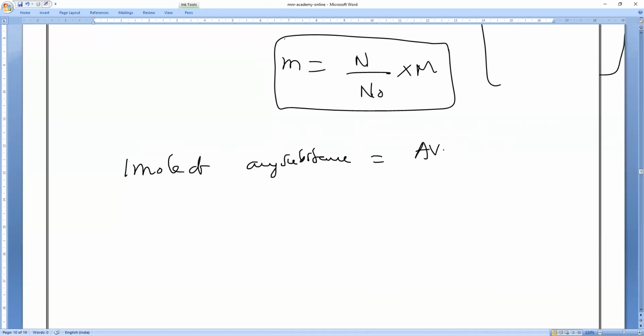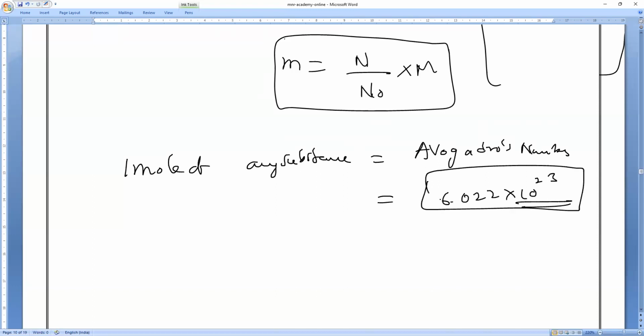What is the Avogadro number? 6.022 into 10 power 23. Which is also equal to the gram molecular mass, write it, GMM of the given substance. That is what you have to remember.